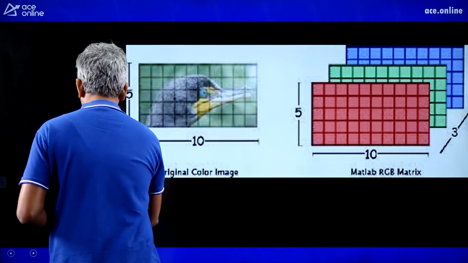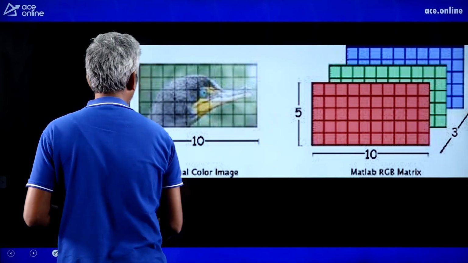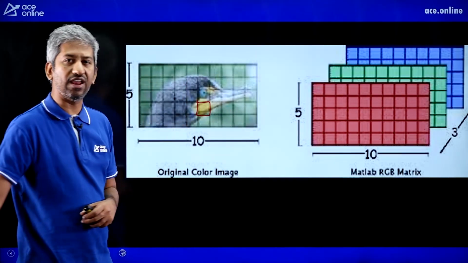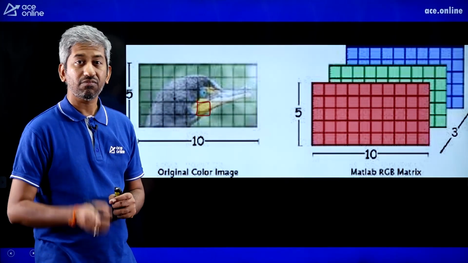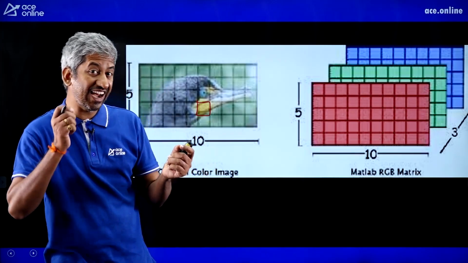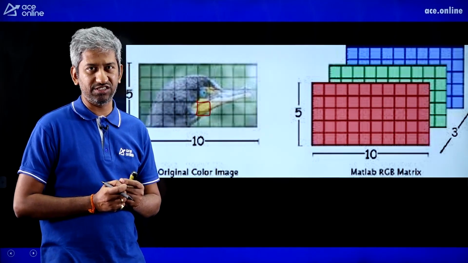I'll tell you an interesting point. If you look at this portion in this image, it is yellow in color. How to get the yellow color? Yellow color is obtained by mixing red and green colors in equal proportions.